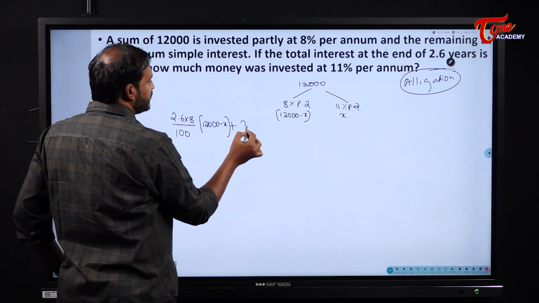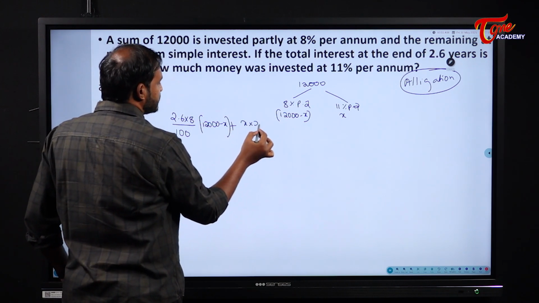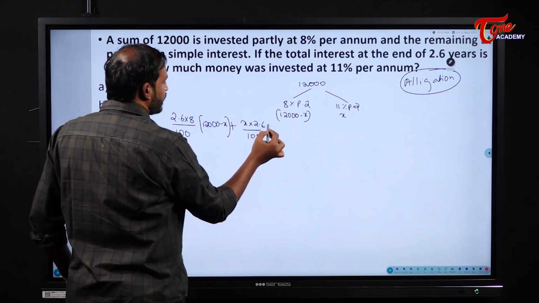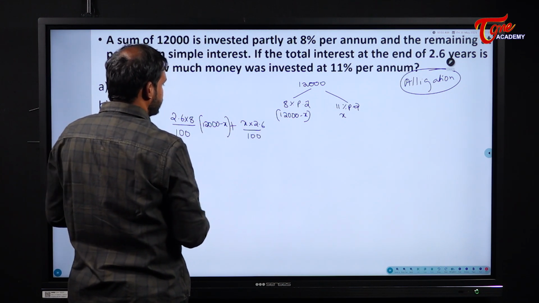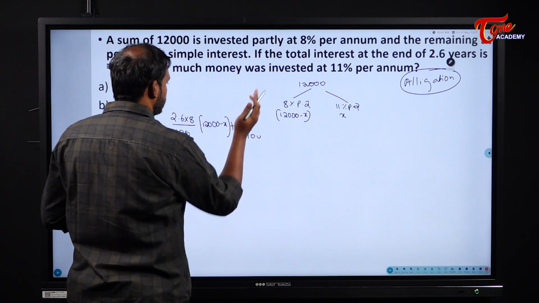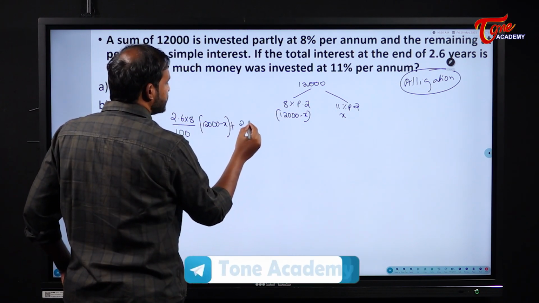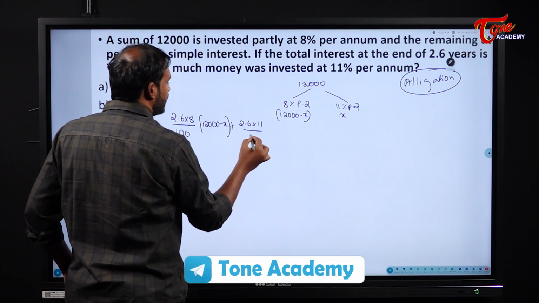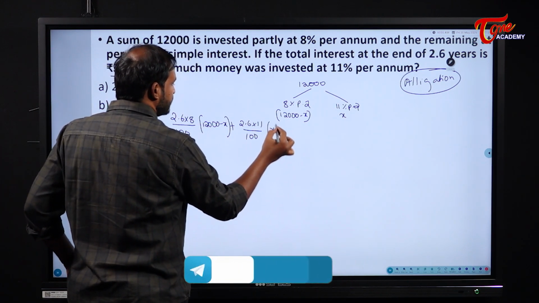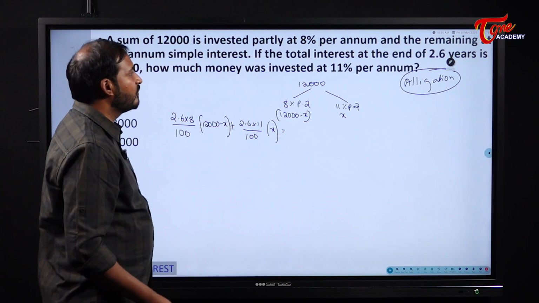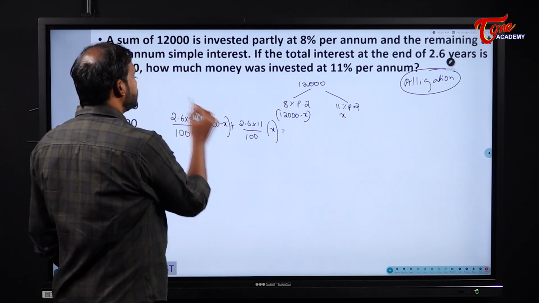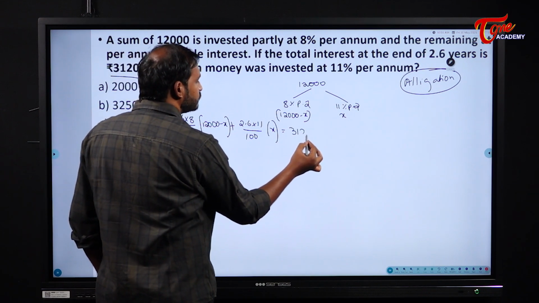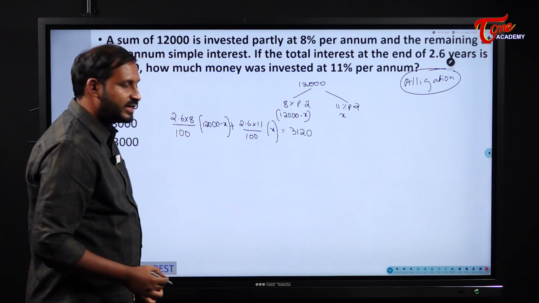So 2.6 into 11 by 100 into X. This should be equal to what? It is overall reflecting the interest, 3120. By doing so, what is the interest I am getting here? 3120.